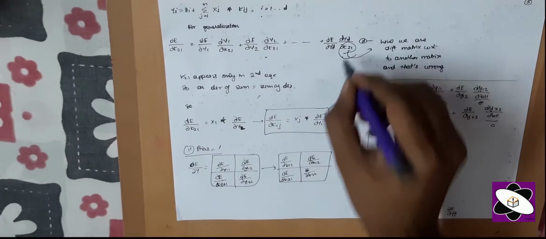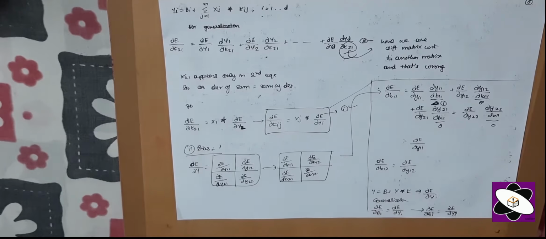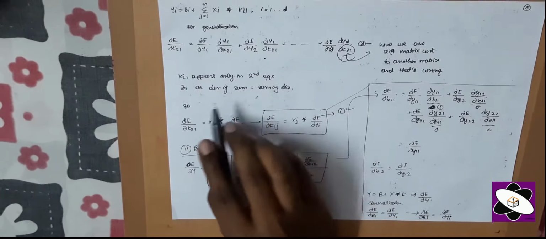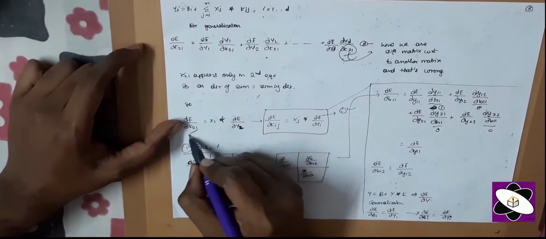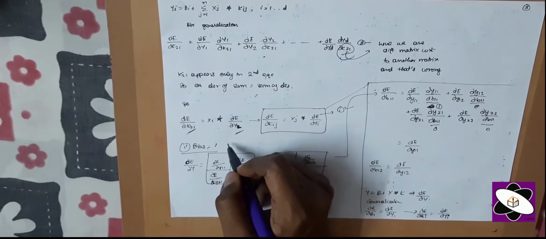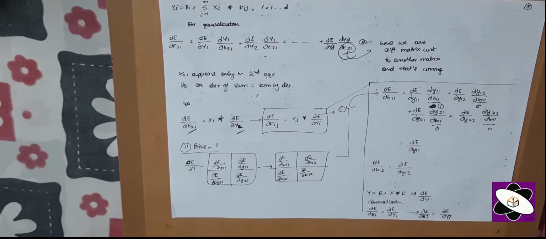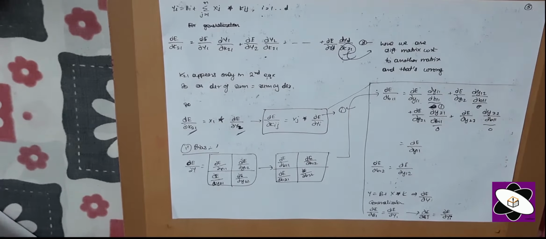But here it is a matrix of matrices, we can't generalize like that, because k21 appears only in the second equation. As the derivative of a sum is the sum of derivatives, k21 appears only in the second term, because it appears only in y2, capital Y2.